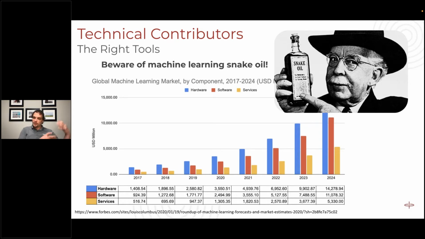So being able to do some of those things on the business side, gathering the right knowledge, helping to know what the terminology is, and understanding some of the basics of the technology can really help avoid some of these things. There's a lot of money here. There's a lot of great players in this space. There's other ones that maybe aren't so great. And being able to know what's important for you as a business can be really a key to successful machine learning.